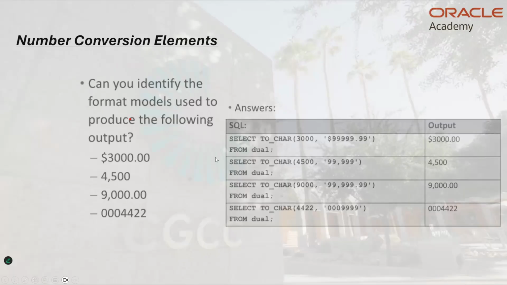So yeah, the $3,000 is that, the 4,500 is that, the 9,000 with the decimal point is that 99. And then the 000, we got some leading zeros. Yep. So he's just taking those using TO_CHAR and adding the formatting. Pretty straightforward, right?